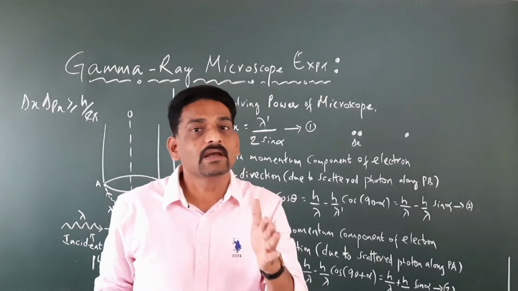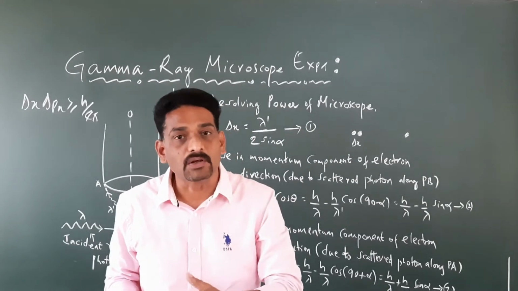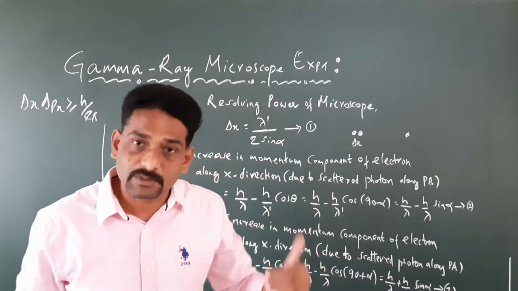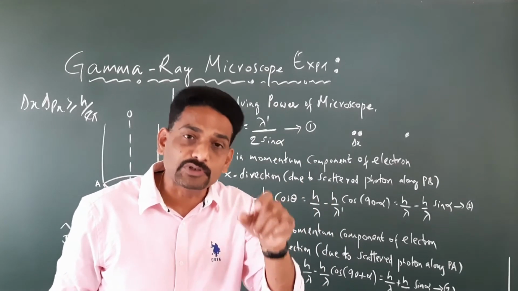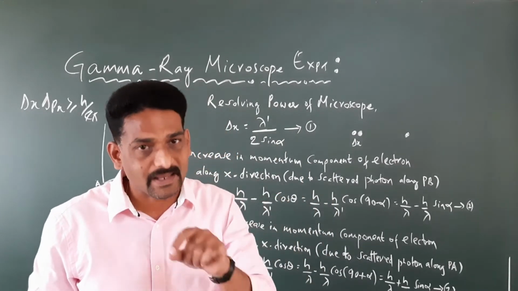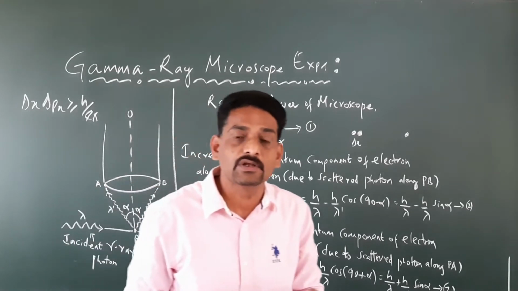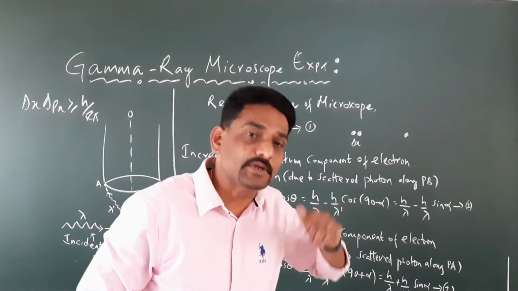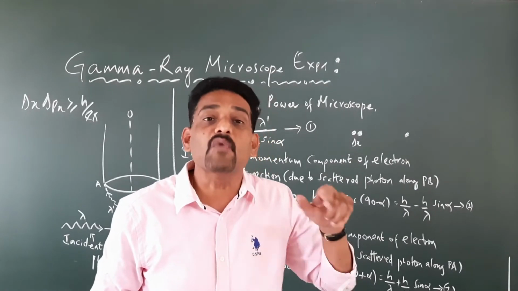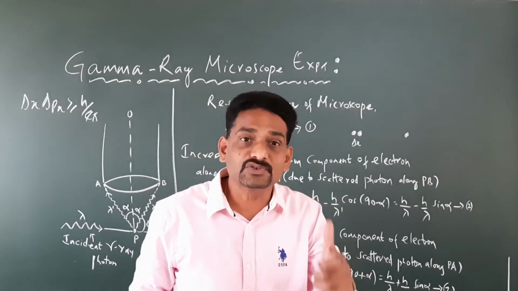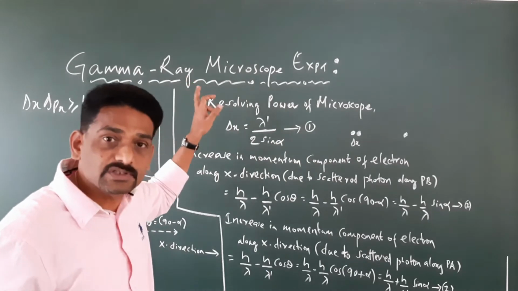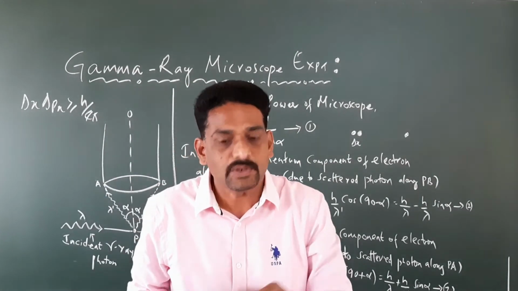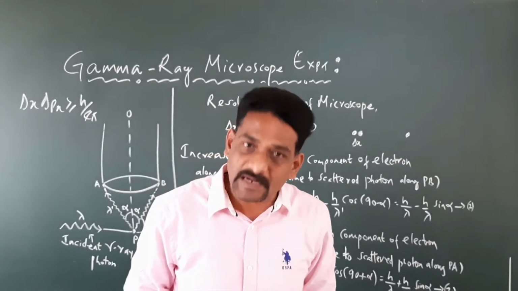To view the position of subatomic particles like electrons, which are very small in dimension, we have to go for a wavelength of very, very small value. So therefore we are choosing the gamma rays, which have the smallest wavelength in the entire electromagnetic spectrum.